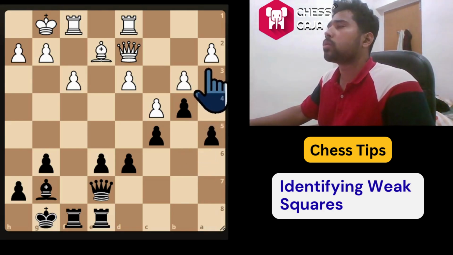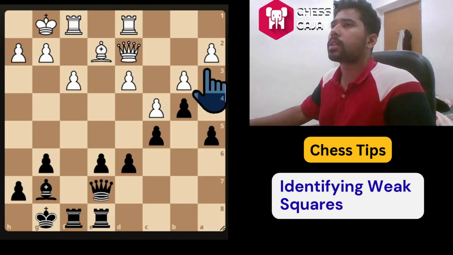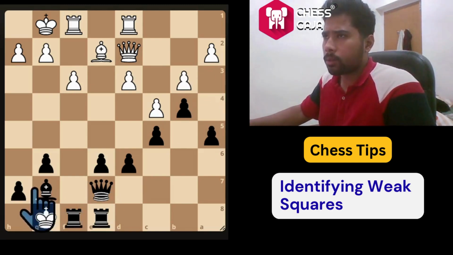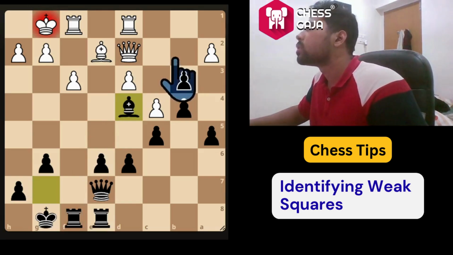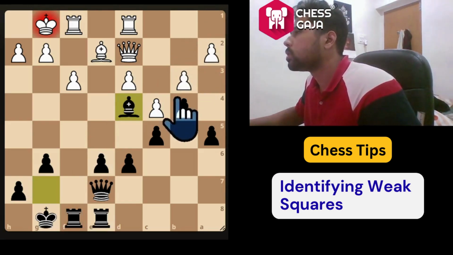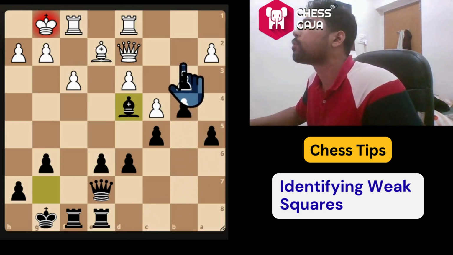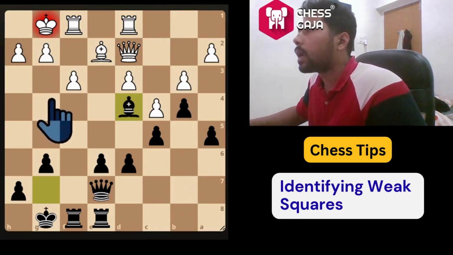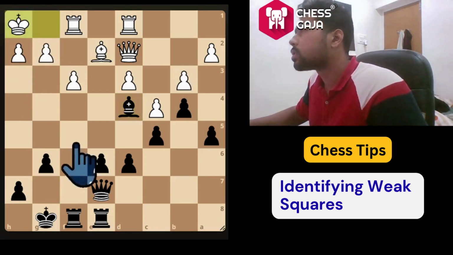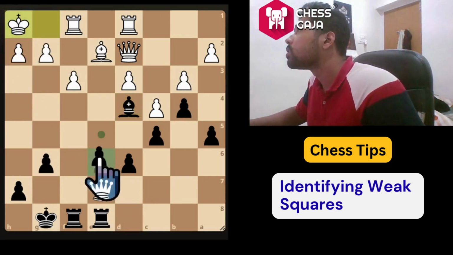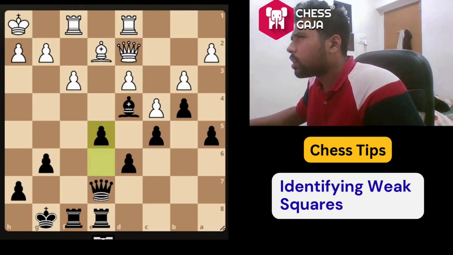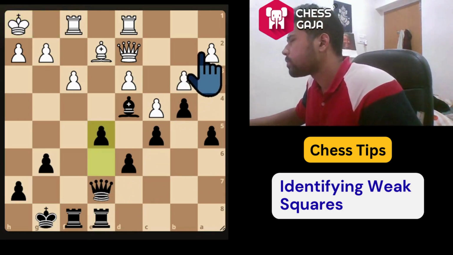And those who could not figure it out, it is obviously bishop to d5, sorry, bishop to d4, check. And then after the king moves, we play the move here. You might think what this does.